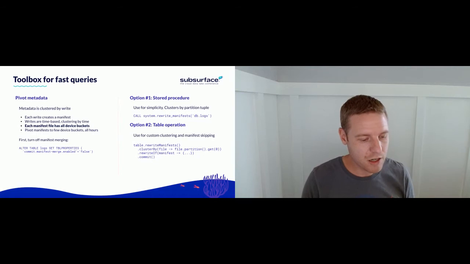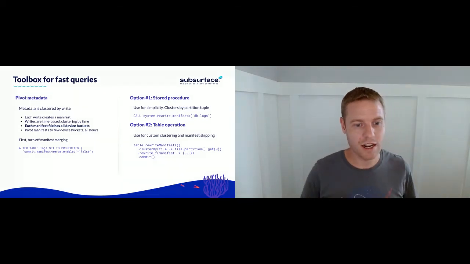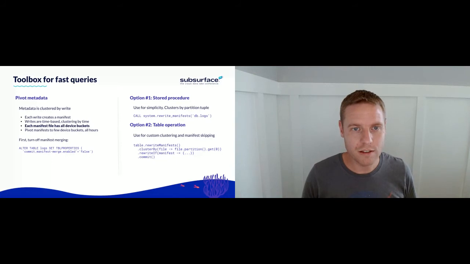And in this case, because we're writing by hour, each manifest file is going to contain all of the buckets for that hour. And so if we're looking for a particular bucket, we're going to read essentially 500 times the metadata that we need, because in each manifest we're going to have to slog through all of the files for different buckets.